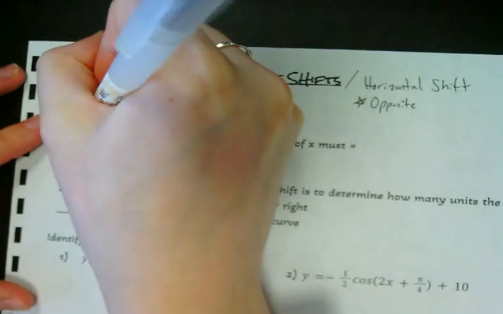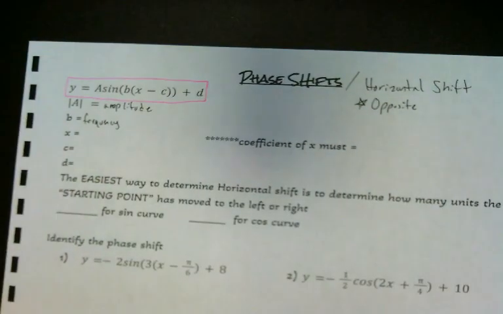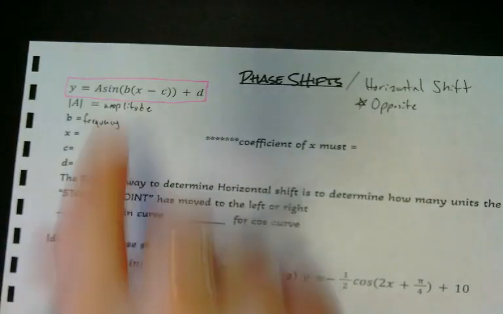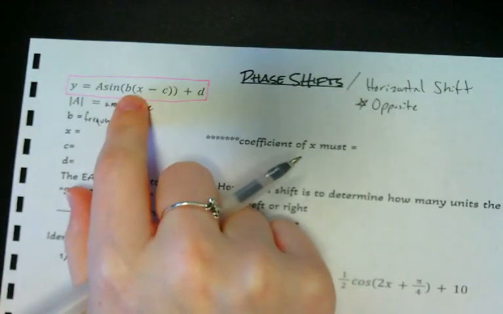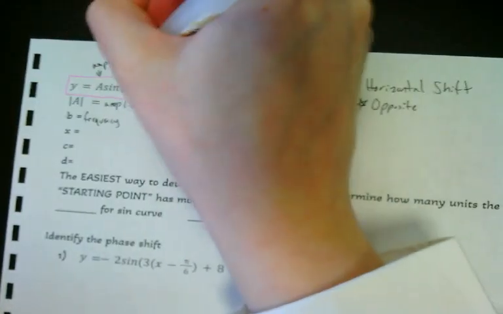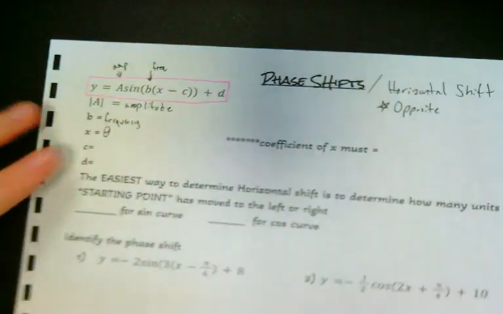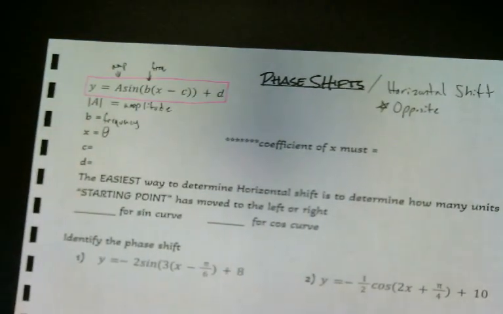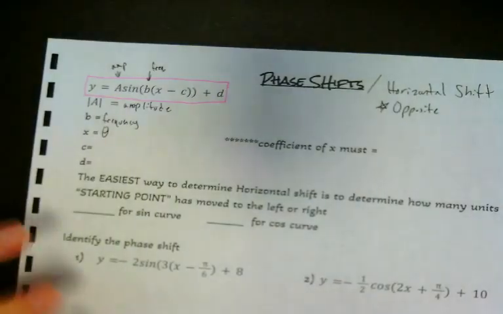It's still our frequency. So whatever number is in front of that x, that's still going to be our frequency. We can label these for ourselves. Our x is just our theta, so it can be an x or theta or any variable there.